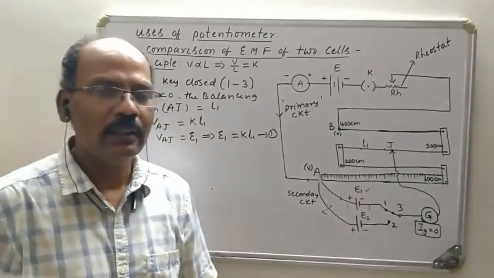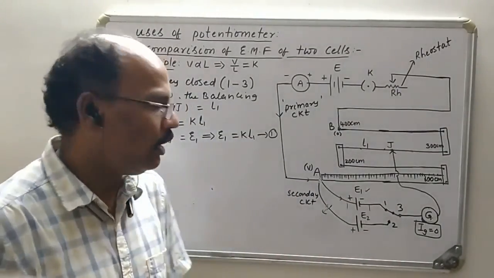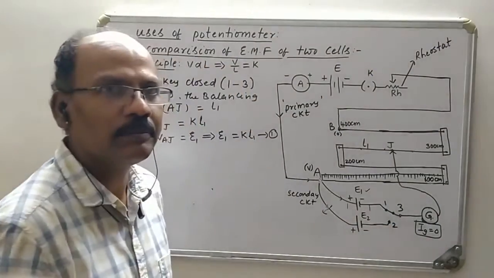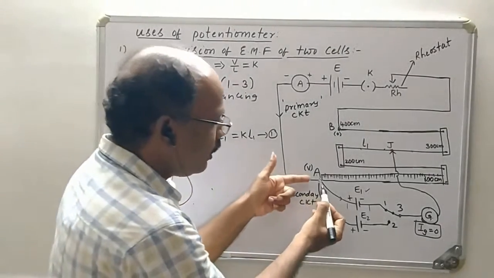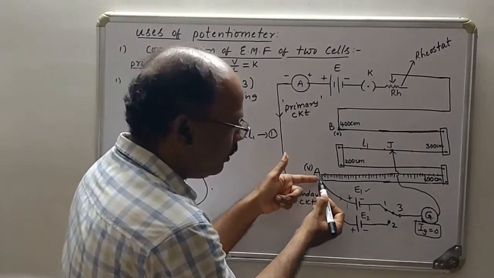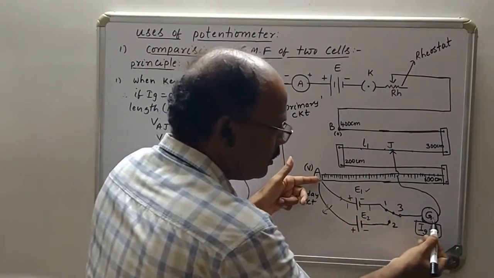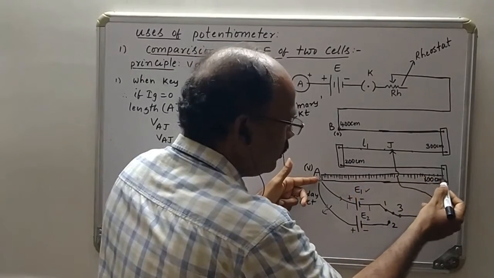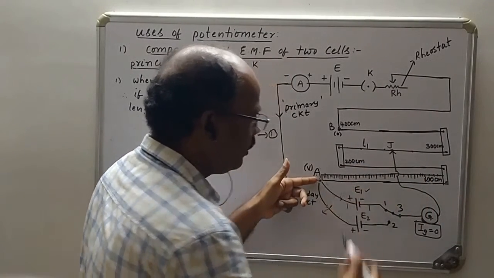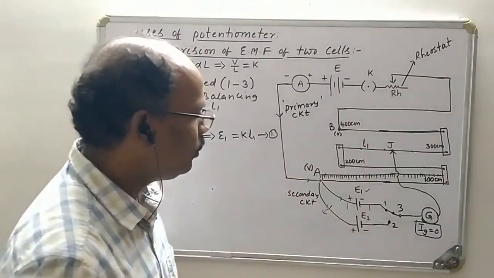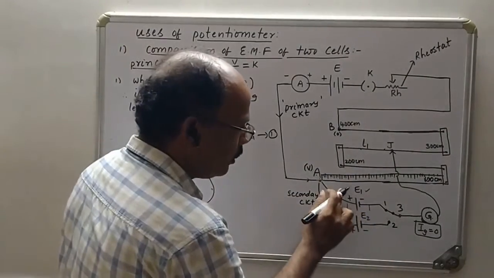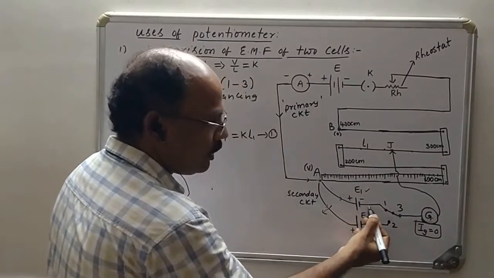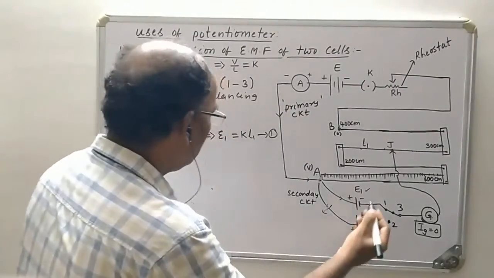We can also apply KVL, Kirchhoff's voltage law. When the plug key is closed between 1 and 3, what is the closed loop? We can consider the starting point A, then E1, G, J, and coming along the wire in this direction and reaching A. If you take this direction, we are moving from higher potential to lower potential, so the EMF is negative.